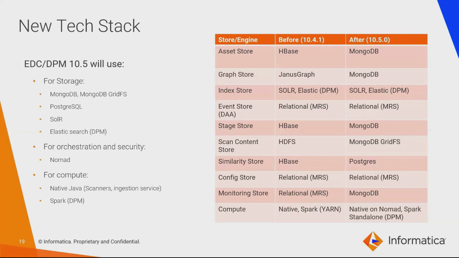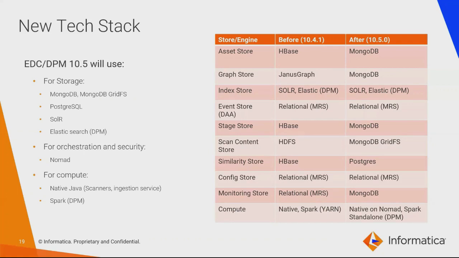The similarity store that we were using with Phoenix on top of HBase will now be replaced by Postgres. The configuration store that has all the configuration of your resources will remain in the MRS. The monitoring store will go on MongoDB for better performance.